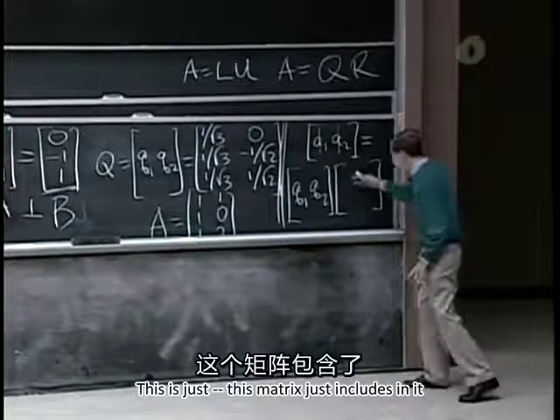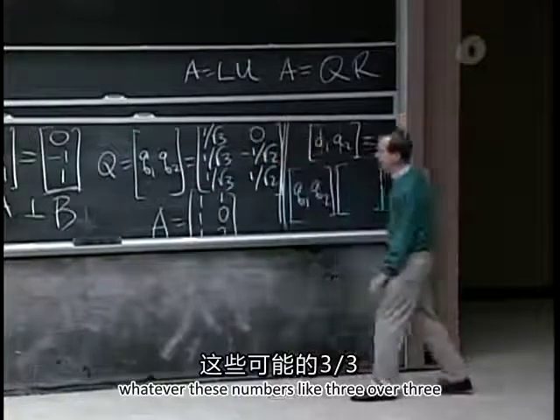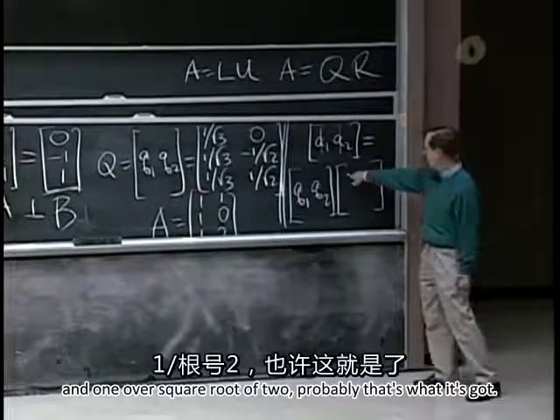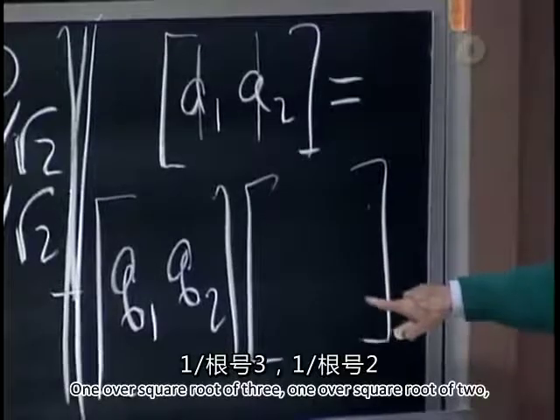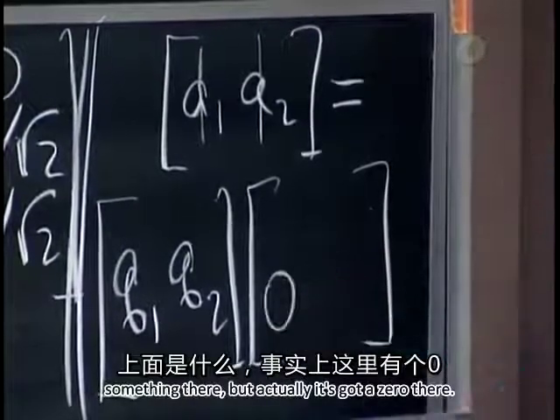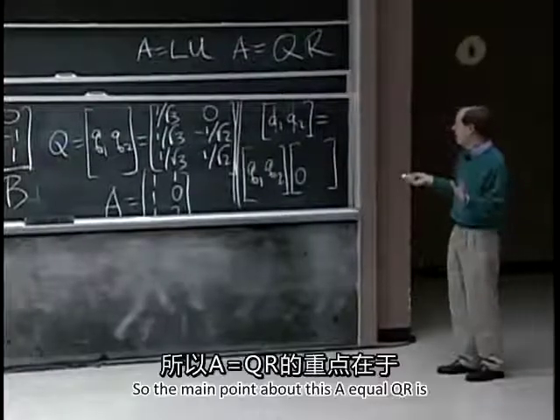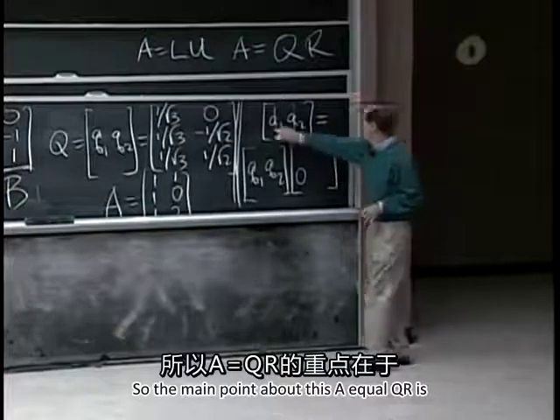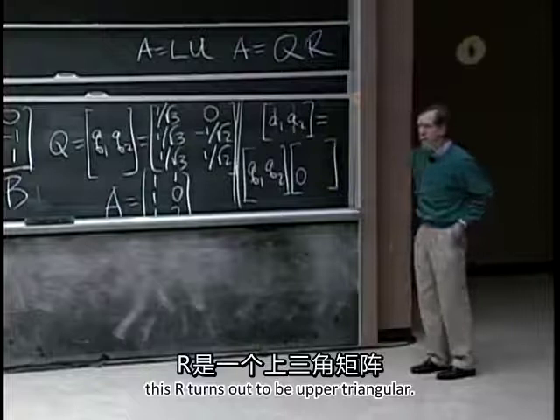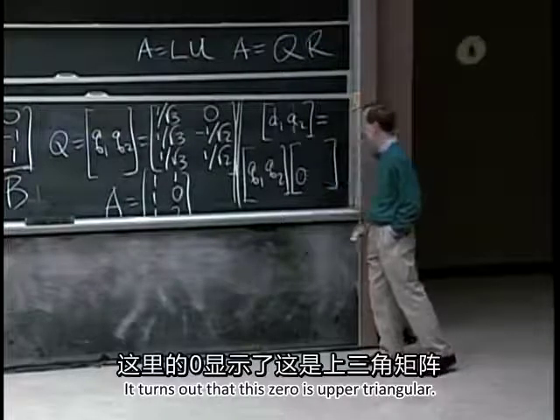This matrix just includes in it whatever these numbers are, like 1 over square root of 3 and 1 over square root of 2. Probably that's what it's got. But actually, it's got a 0 there. So the main point about this A equals QR is that R turns out to be upper triangular.